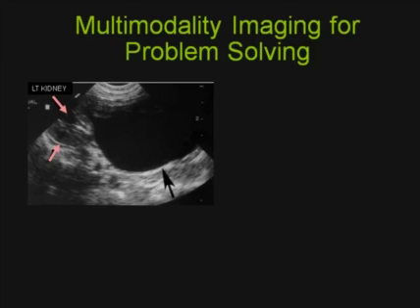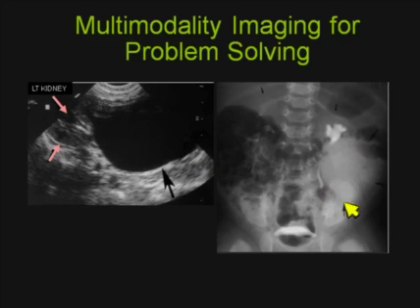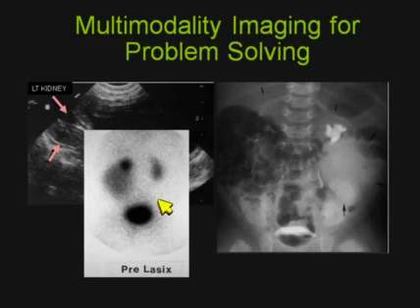Here's an example of a patient who had dilatation of the collecting system within the upper pole of the kidney and had this cystic structure that appeared to be occupying the lower portion of the kidney. On an IVP, it was apparent that there was filling in of this cystic mass with the aqueous contrast and was deviating the ureter medially.